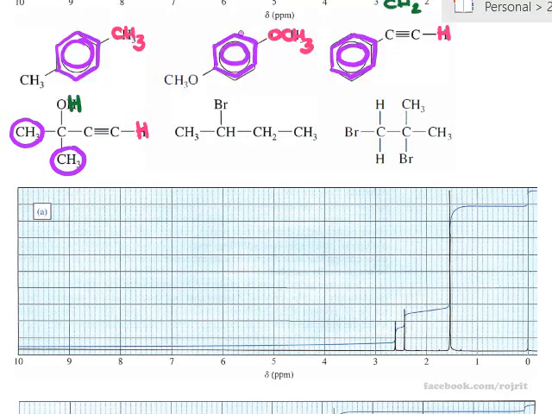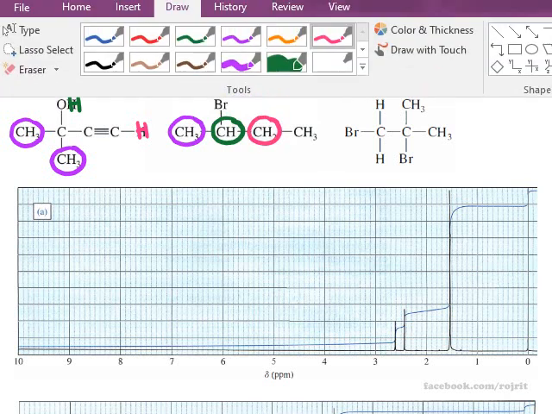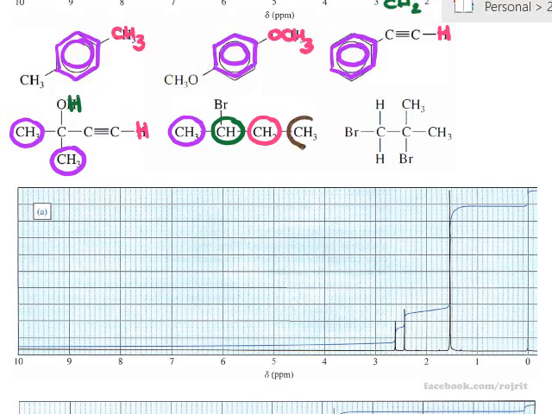Then this one, you have purple color, which is different from this CH, and also different from this CH2, and then again different from this CH3. So you have 4 different types of hydrogen atom.